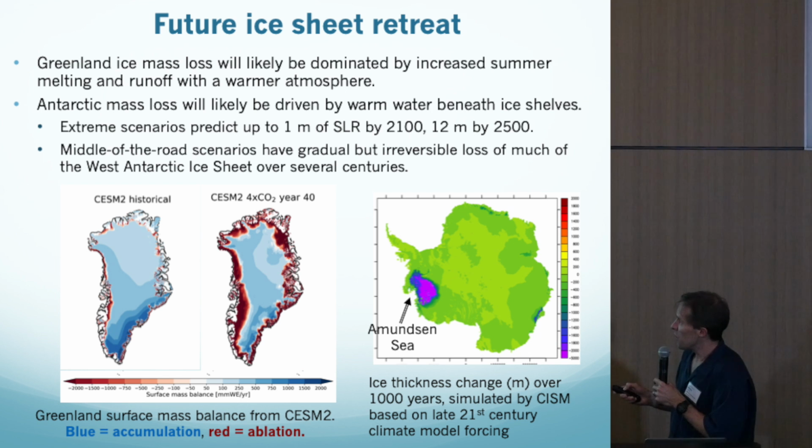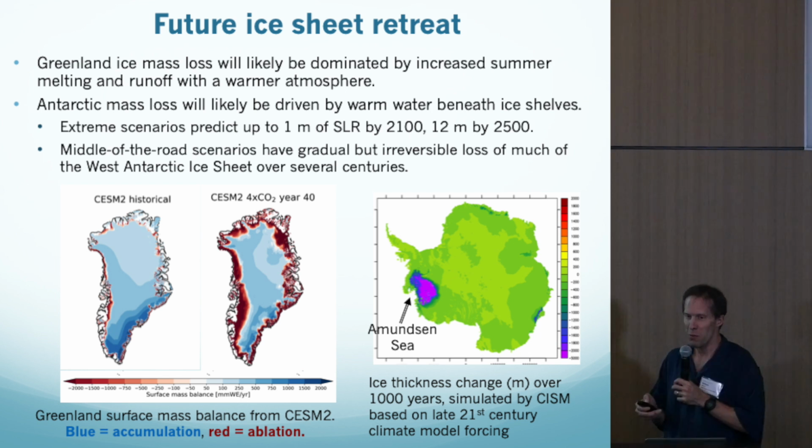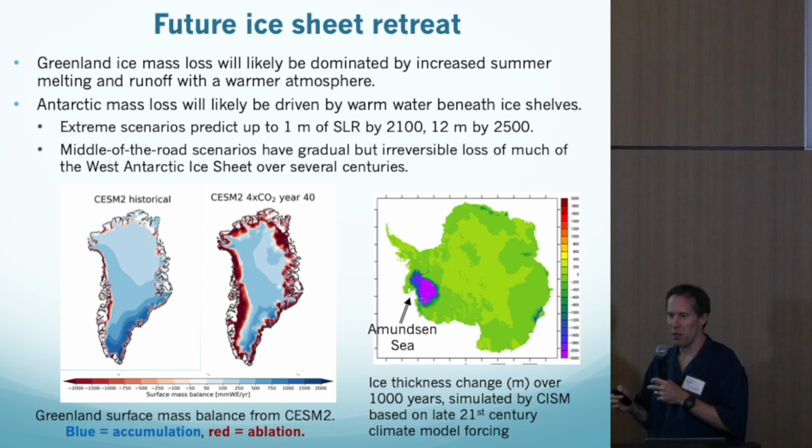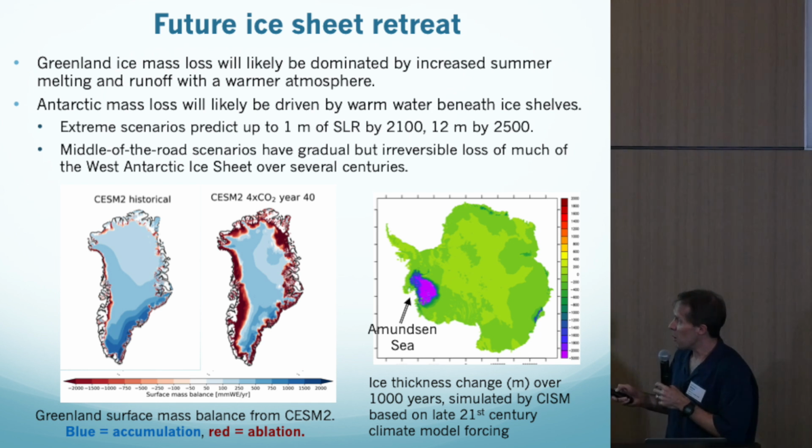This shows what's called the surface mass balance, or the net between accumulation and melting for different parts of Greenland's surface over the late 20th century, where you have gradual accumulation over most of the ice sheet, a little bit higher accumulation in the south where it snows a lot, and then melting in these narrow bands along the coast where it gets warm and melts in the summer.